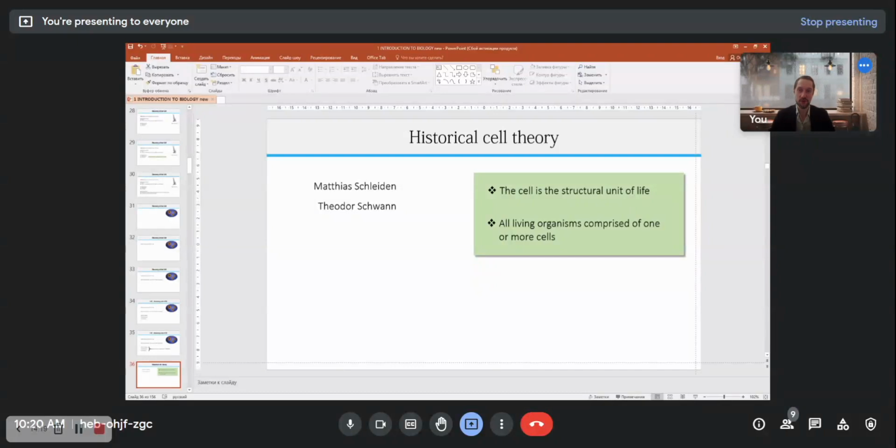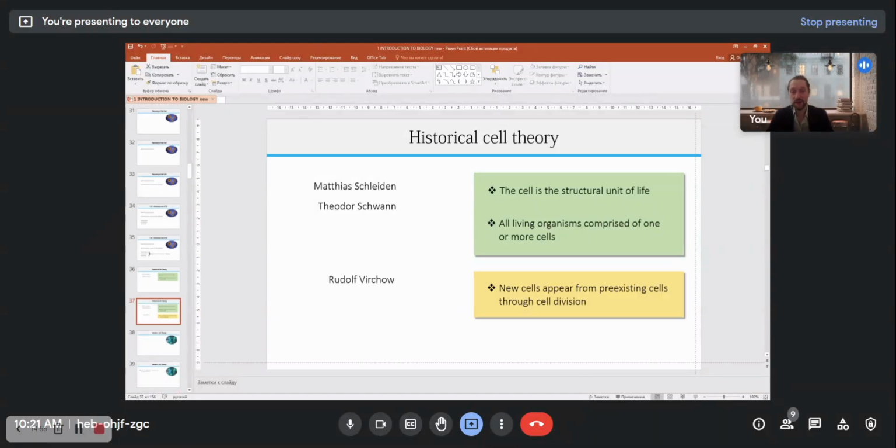Two of them were proposed by Matthias Schleiden and Theodor Schwann, and they are: the cell is the structural unit of life, and all living organisms comprise one or more cells. Now it's kind of obvious for us, but for the time when these people were living, this was a really important discovery, recognition that all living beings are composed of cells, of one or more cells.